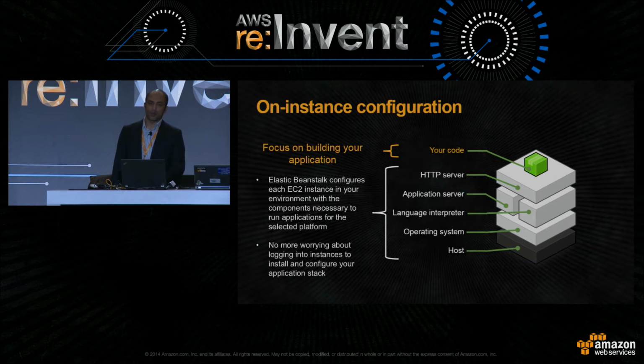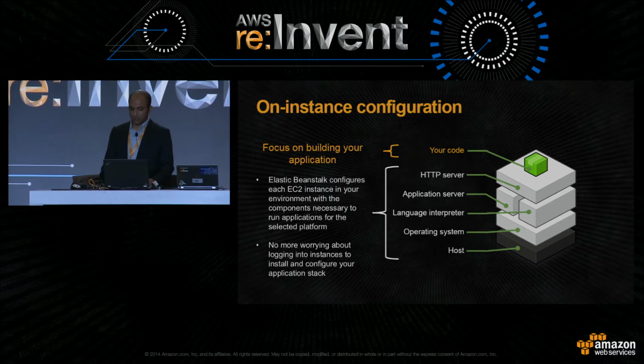All you really need to worry about is manage your application and any dependencies that your application has. So in this case, the graphic really shows the HTTP server, the application server, the interpreter for the language, the operating system, and even provisioning of the EC2 hosts is done by Elastic Beanstalk.